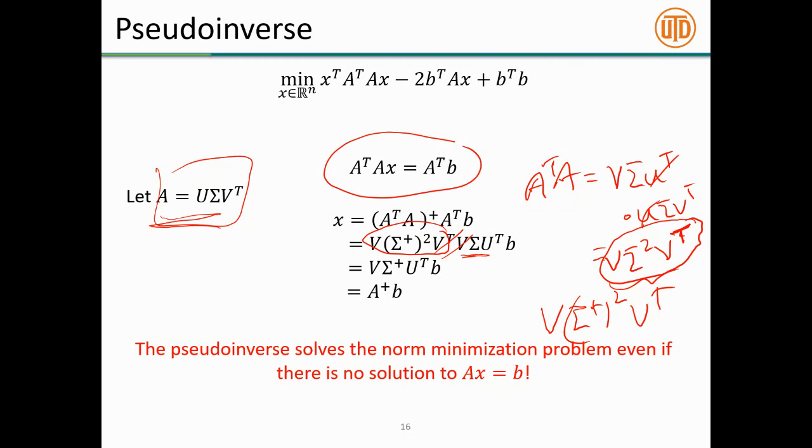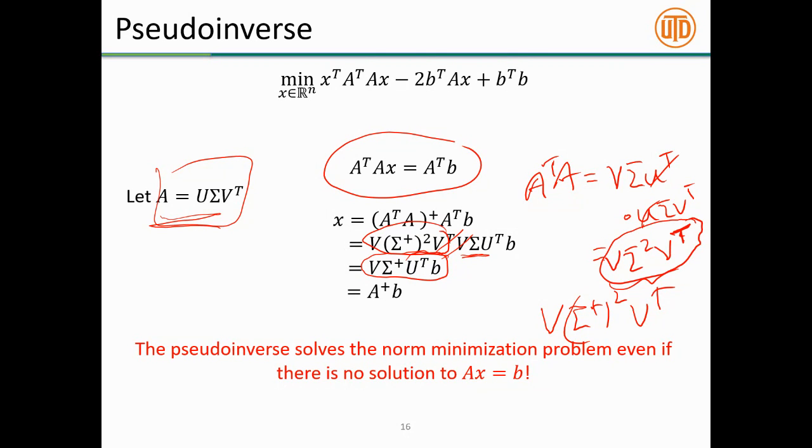I'm using the observation here that I know that this is a solution to that linear system. It's the one of minimum norm. Continuing with the algebra, I end up with just simplifying this expression. I end up with V times sigma plus times U transpose times B, but that's nothing more than the pseudo inverse of A by definition times B.